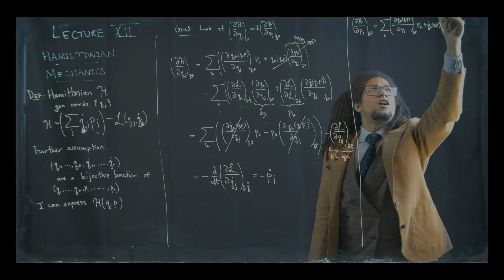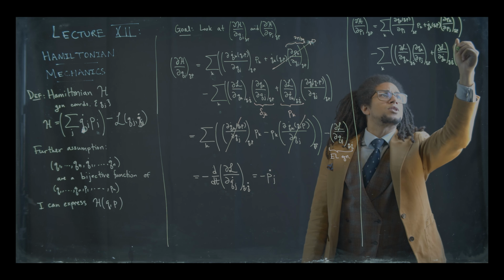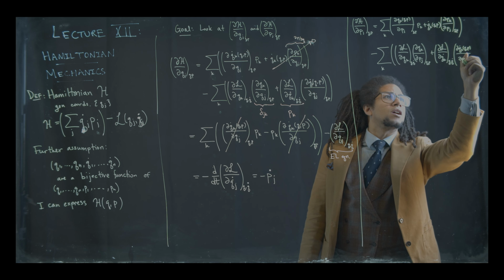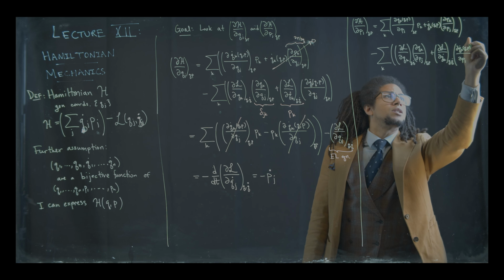So here I'll get a sum over k of, first, the derivative of the Lagrangian with respect to qk, while fixing q and q dot, times the derivative of qk with respect to pj while fixing the q's and p's, plus the derivative of the Lagrangian with respect to qk dot while fixing the q's and q dots, times the derivative of qk dot, in terms of q's and p's, with respect to pj, fixing the q's and p's.